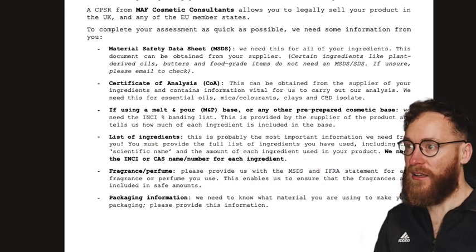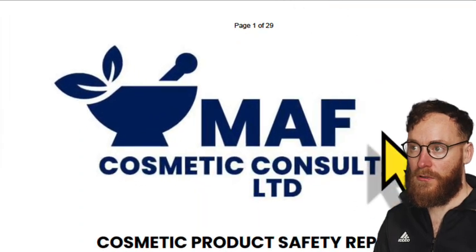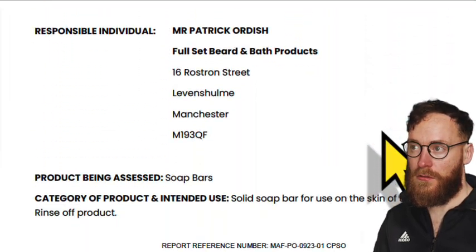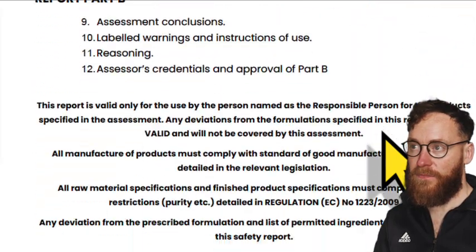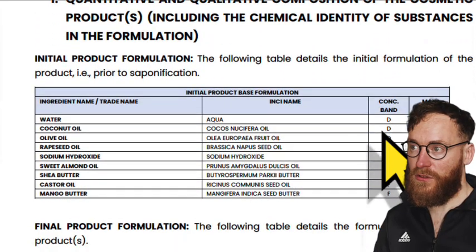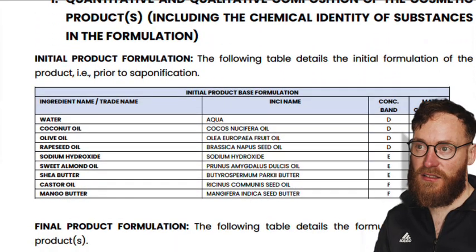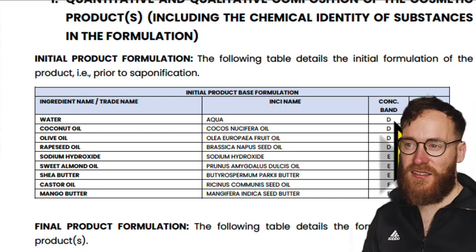They'll then come back with a completed one, and this is what it looks like. Part A and your Part B. It's all very smart. It's got your exact concentrations. I don't understand what it all means, but you kind of don't need to know.